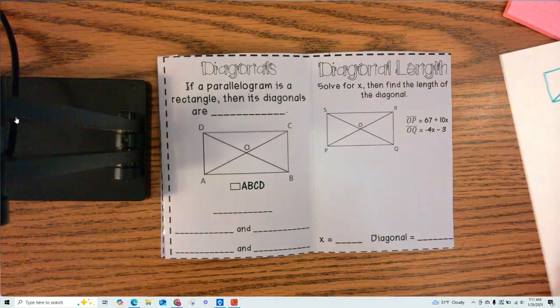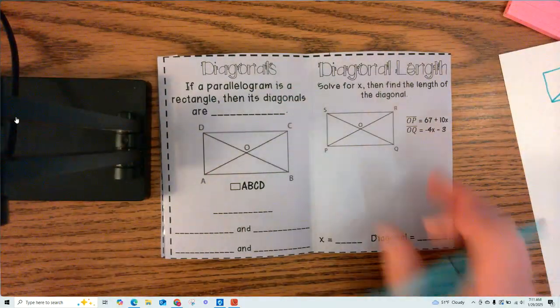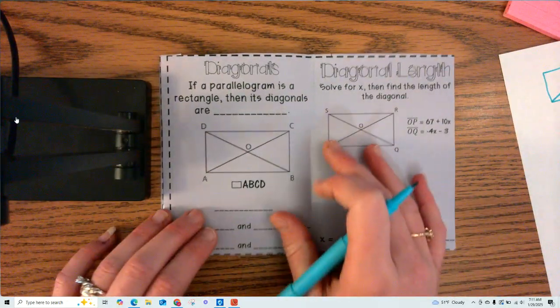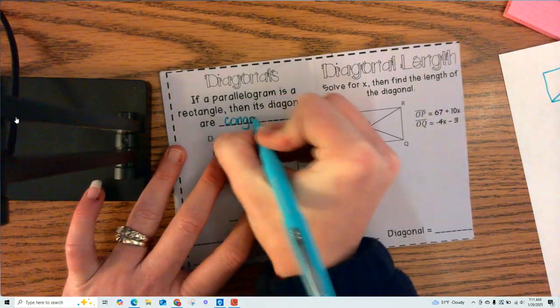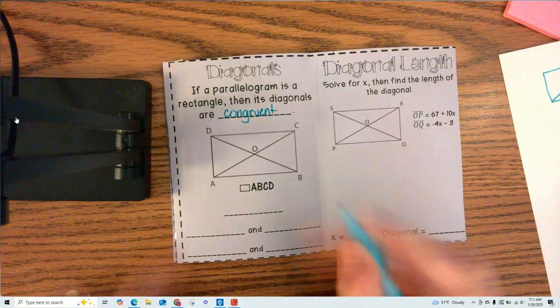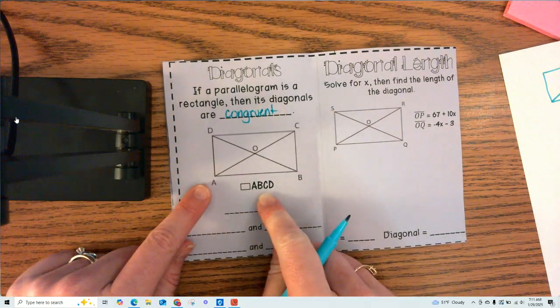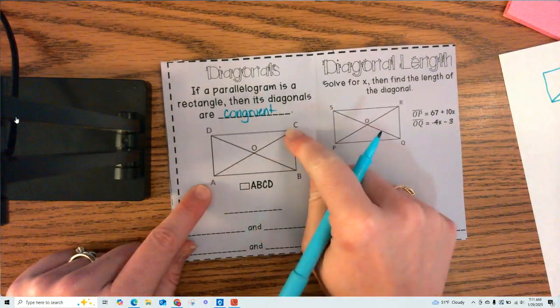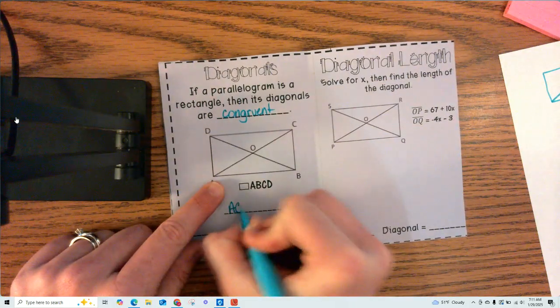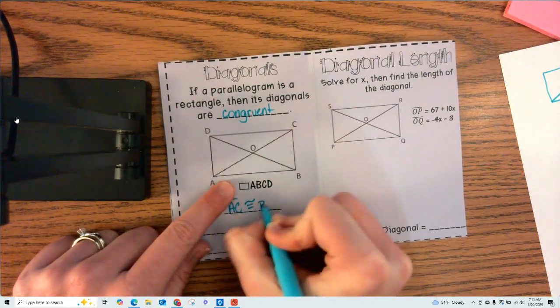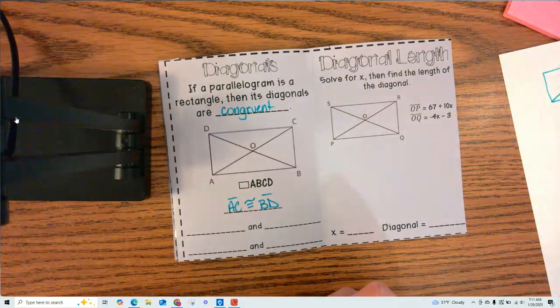So more about the diagonals here. If a parallelogram is a rectangle, then its diagonals are congruent, meaning they're going to measure the same thing. So in rectangle ABCD, AC is going to be congruent with BD.